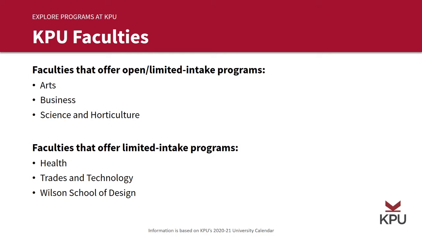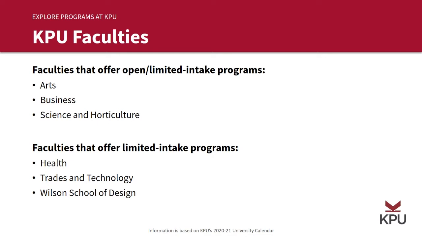First of all, let me introduce the three faculties: arts, business, and science and horticulture. These faculties offer open and limited intake programs. And for health, trades and technology, and Wilson School of Design, they offer only limited intake programs.